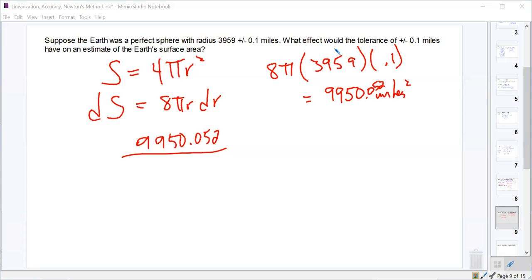No, the negative 0.1 would just be a minus, Molly. All that's going to do is affect the sign. So we could say that it's off by plus or minus 9,950, but we don't need to say the plus or minus. We can just say that it's off by 9,950.052.